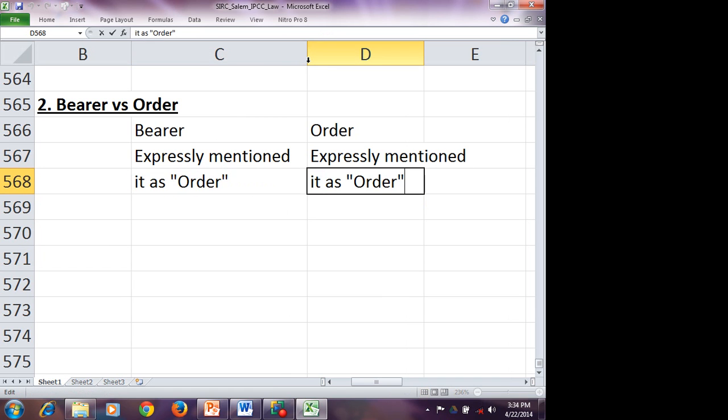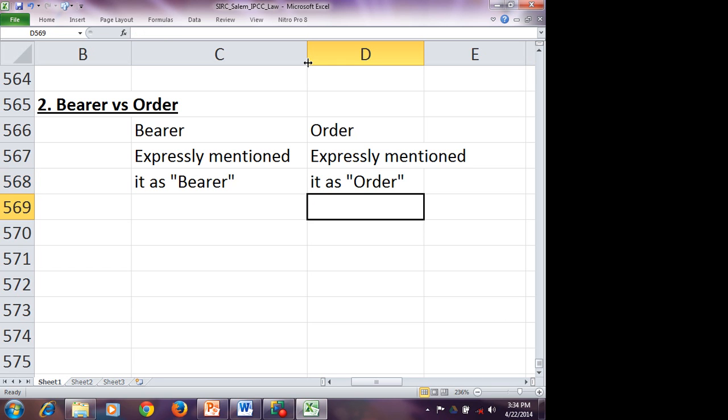Expressly mentioned as bearer. What is a bearer instrument? The tenor expressly says pay A or bearer, pay C or bearer. It is a bearer instrument. What is an order instrument? Expressly mentioned as an order instrument.